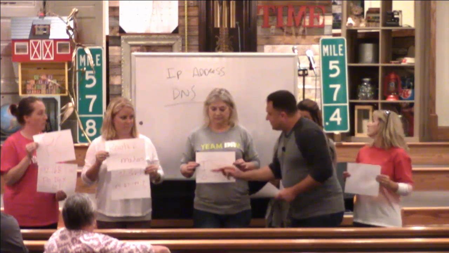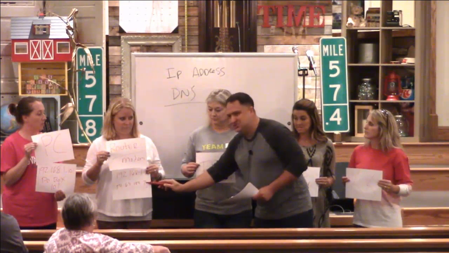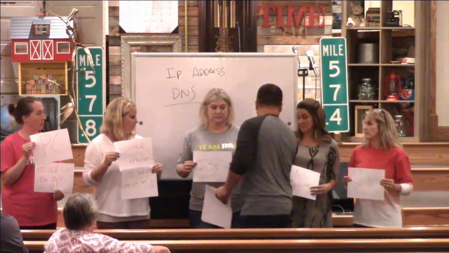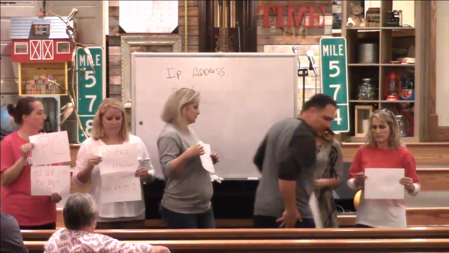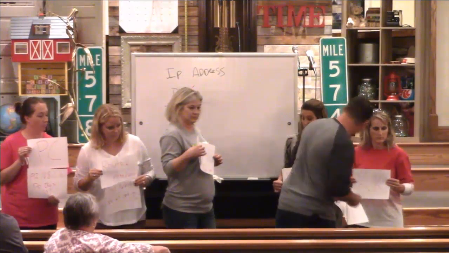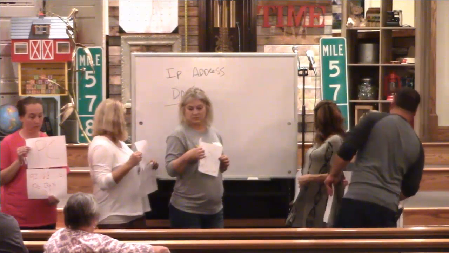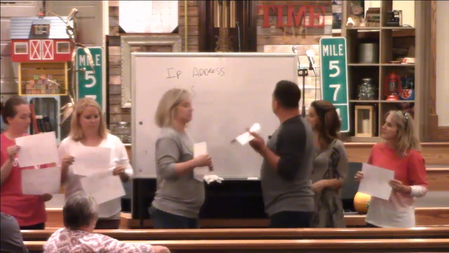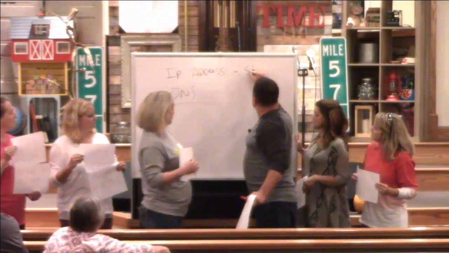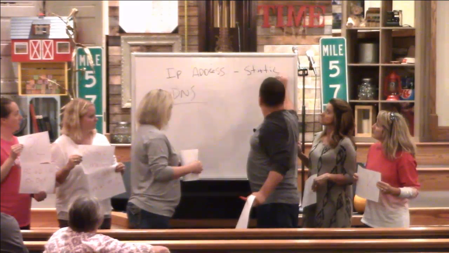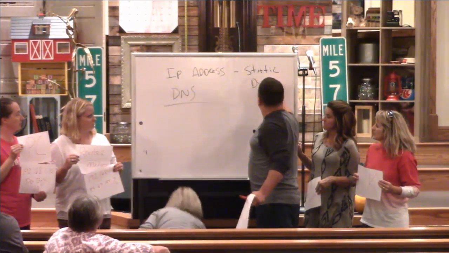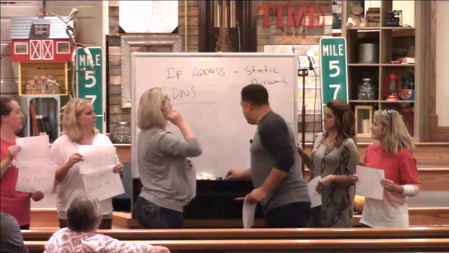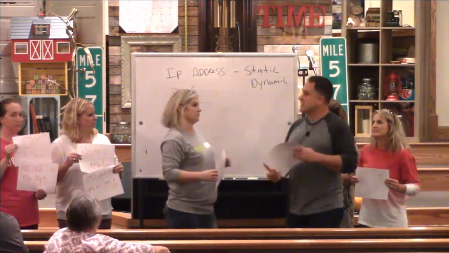Our internet service provider gave us this address, but we have to talk about one more thing, and that is the difference between, where did we put the marker for that board? Okay? They can either be static or dynamic. Do you guys know what the difference between something that is static and dynamic is? Okay.